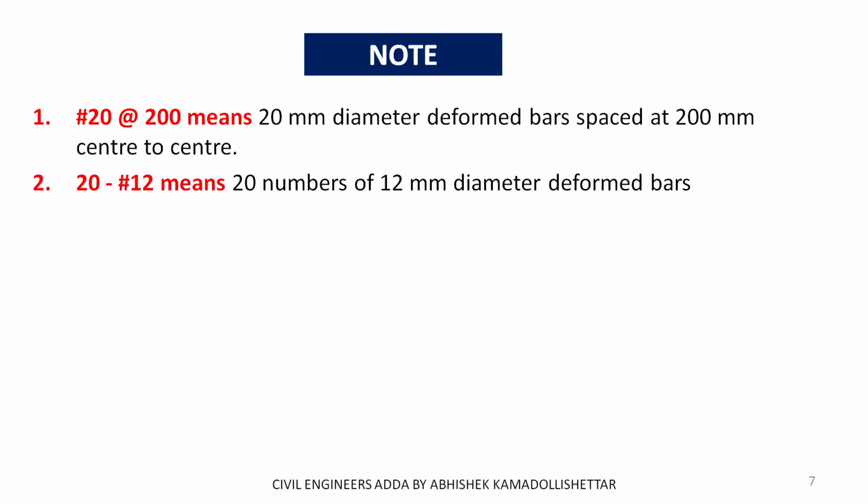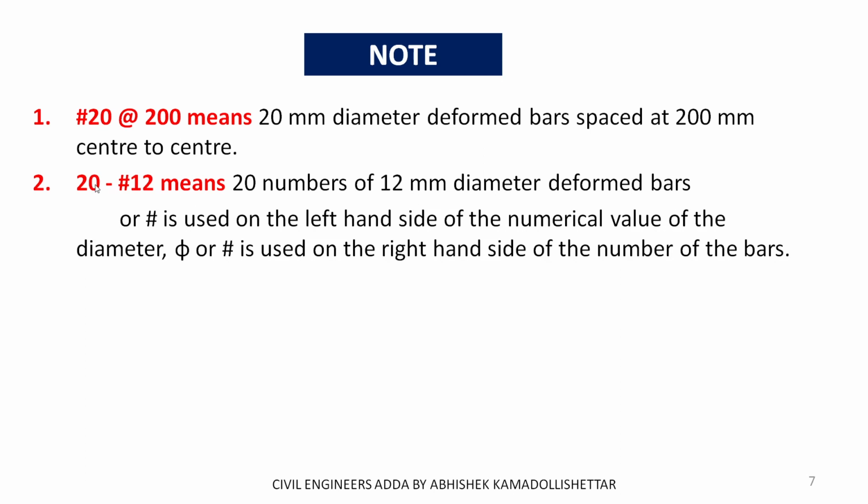Next, see here. There is no hash symbol here. Here the hash symbol has been transferred to 12, which means the 20 is the number: 20 numbers of 12 mm dia deformed bars. Hash is placed on the left side of the numerical value of the diameter.